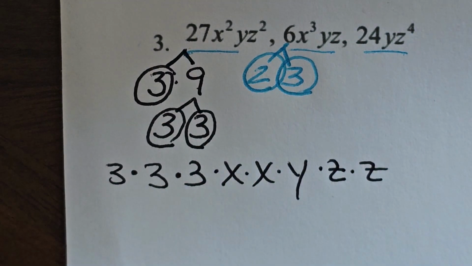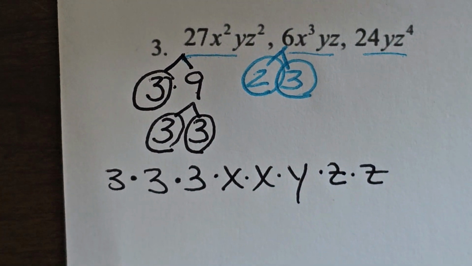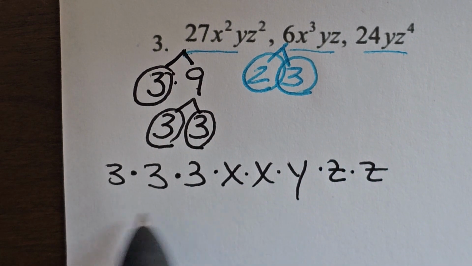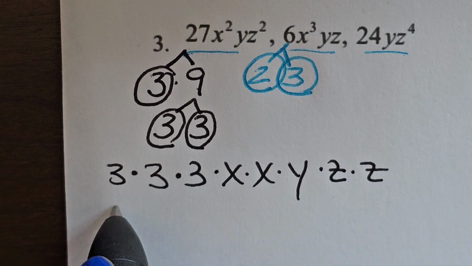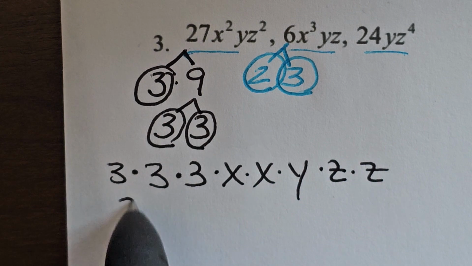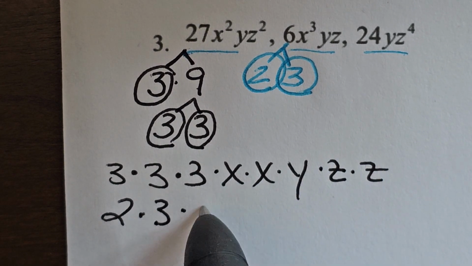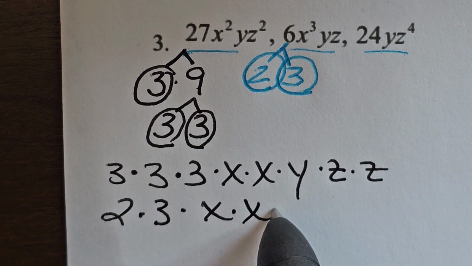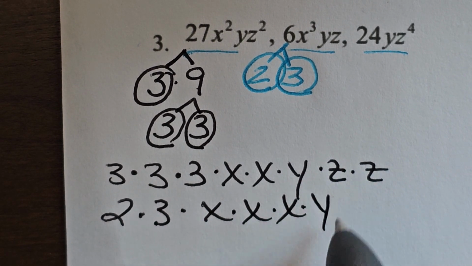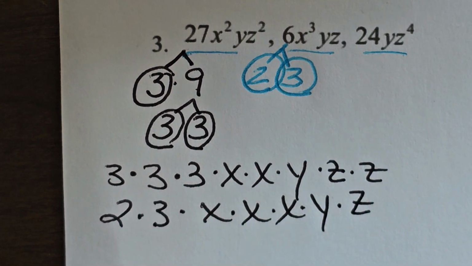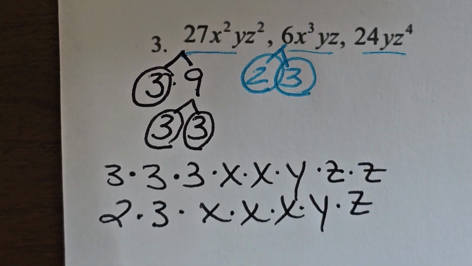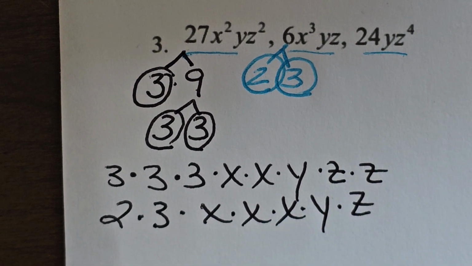Primes, done. So let's write that one down. And I'm going to write it underneath here as the second one, okay? So 6 is going to be 2 times 3, and then x cubed is x times x times x times y times z, okay? Now the last one is now 24.